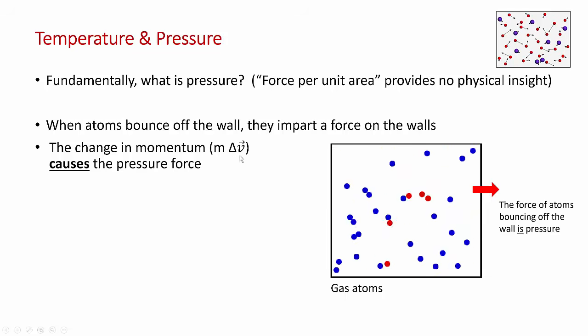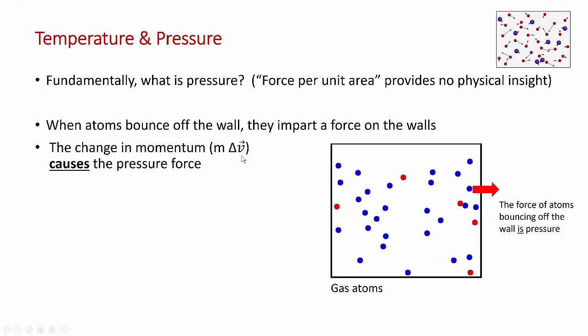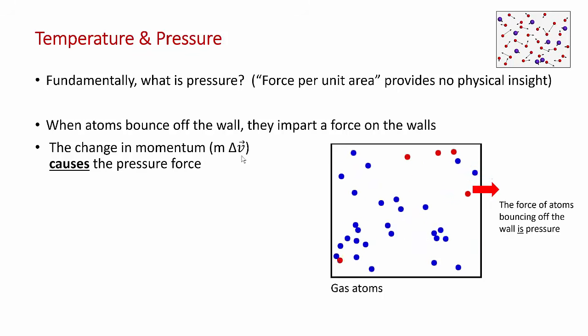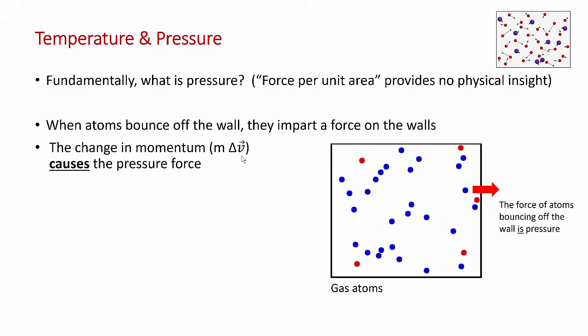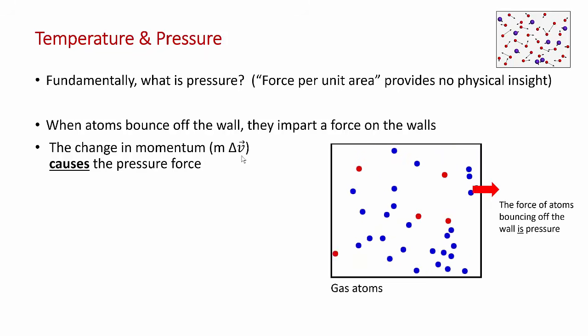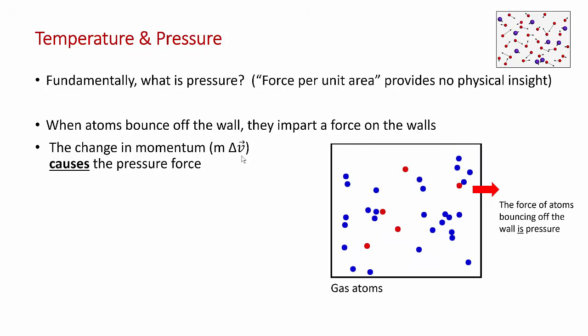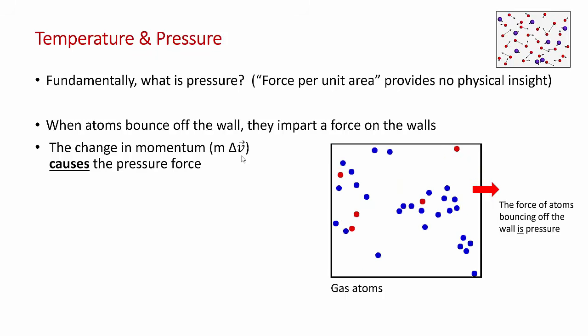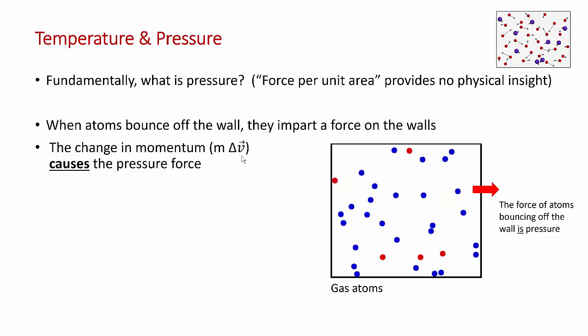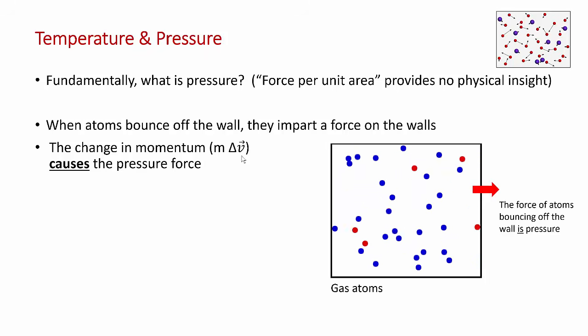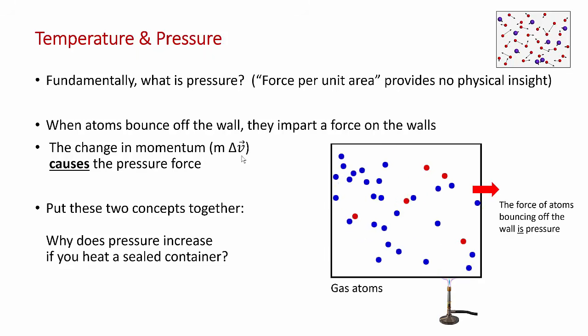They change their velocity vector, and from Newton's second law, that produces a force, and that force is the pressure that's felt on the wall of the container. So that's fundamentally what pressure is. We're going to talk a lot about pressure in this course, and so I want you to keep that concept in mind.